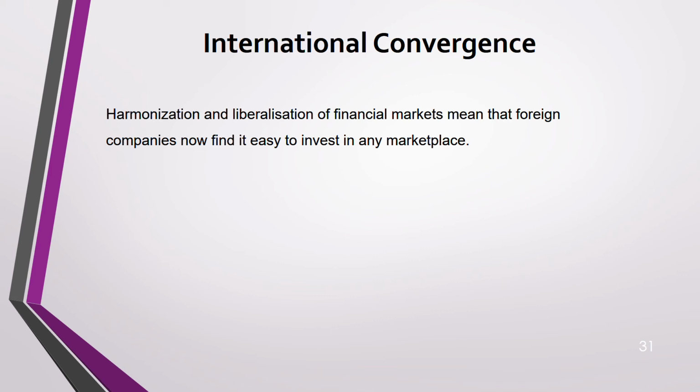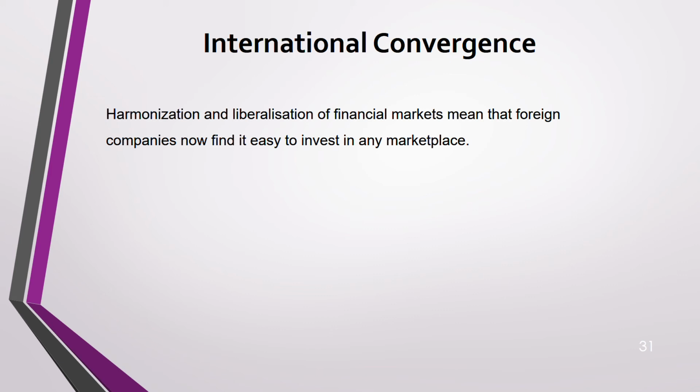International convergence means, internationally, in different countries, laws might be different and corporate governance systems might be different. Now they feel it's better to make them more uniform so that practices are consistent, because the world is no longer different markets.